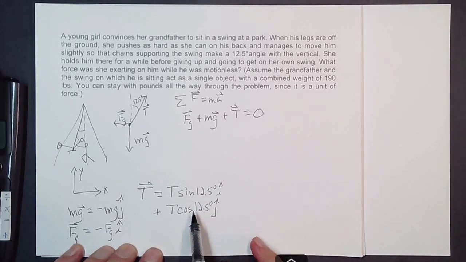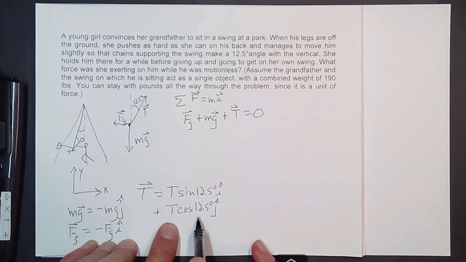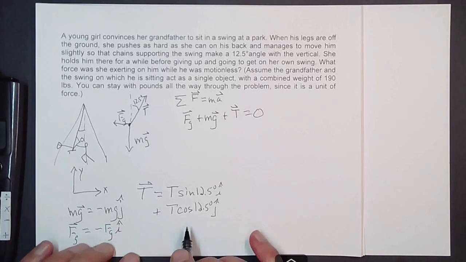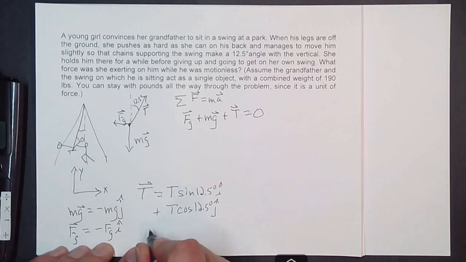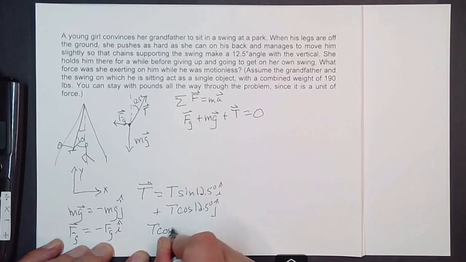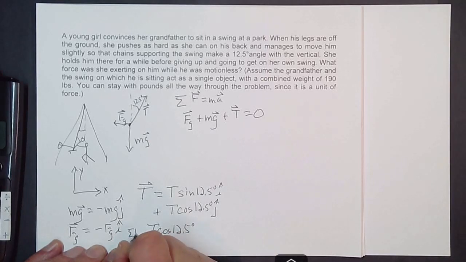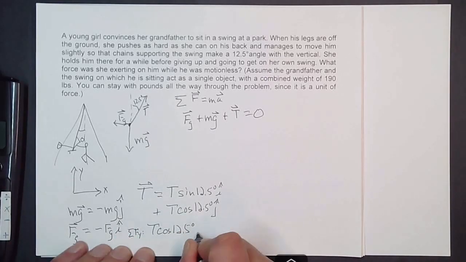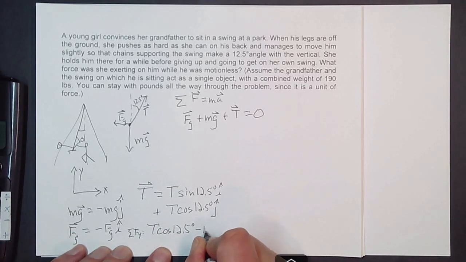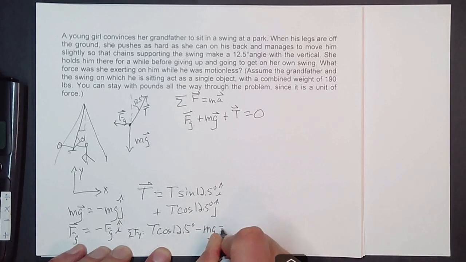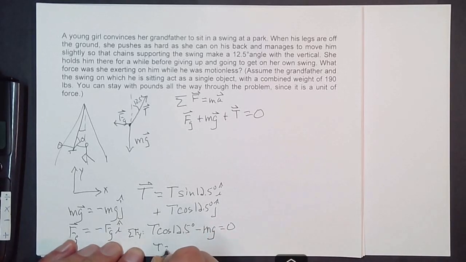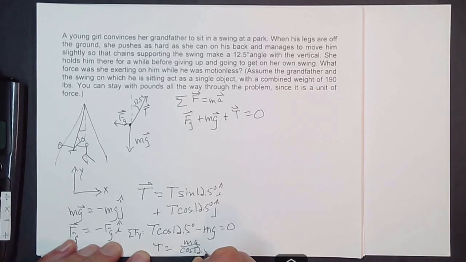Now, if all we're after is the force that the girl exerts, well, we need to figure out T first, I guess, going about it this way. If we just look at the j-hat terms, we would have T cosine of 12.5 degrees, this is the sum of the forces in the y direction, minus mg equals 0, so the tension is going to be mg over the cosine of 12.5 degrees.